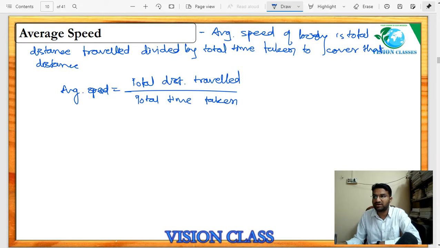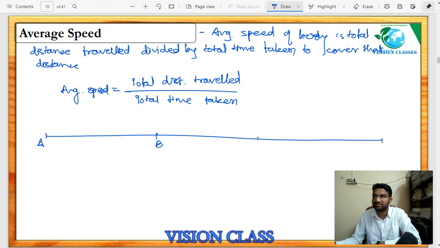Look here, suppose this is a path, A to B, B to C, C to D, traveled by any vehicle, any kind of bus.